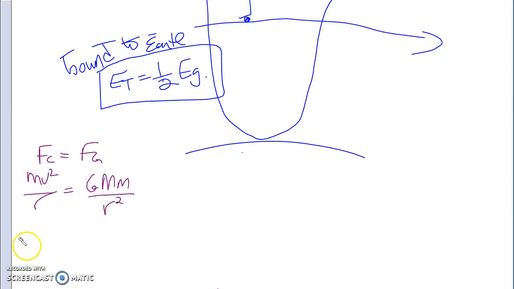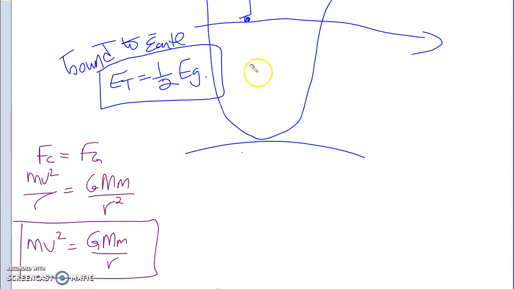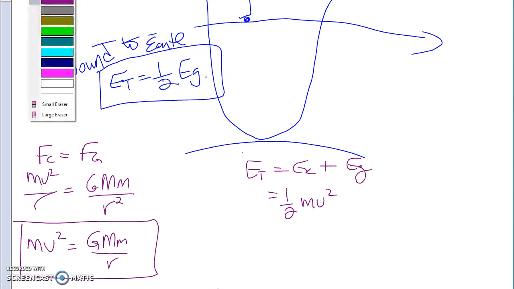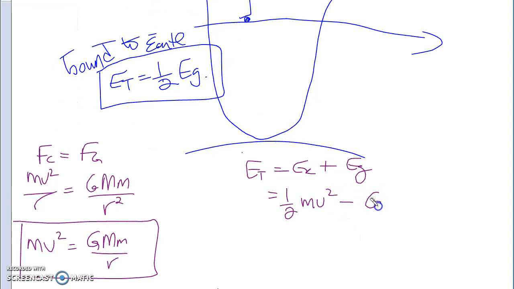If I bring the r up here, this becomes mv squared, which equals big G m over r. We use this relationship, and we know that E total equals EK plus EG. So this is half mv squared plus, or minus I should say, big G big M over R.